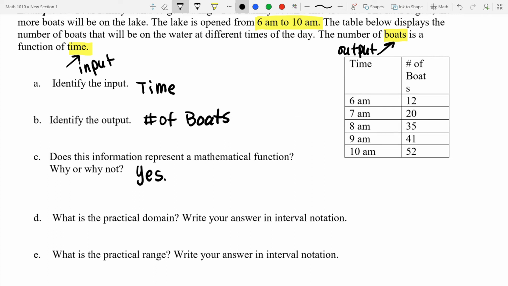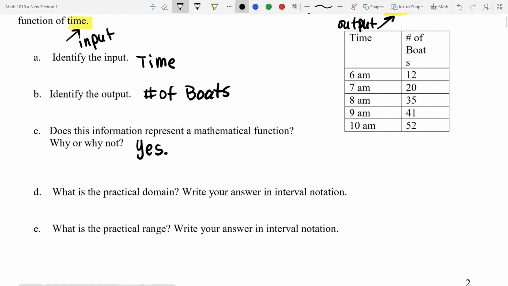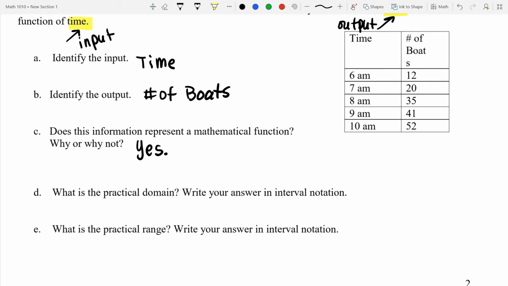Now, here's the hard part. Why or why not? Don't tell me this: no x values repeat. That's thinking way down here, and I expect you to think way up here. So I want you to talk about time, and I want you to talk about boats. Time and boats.